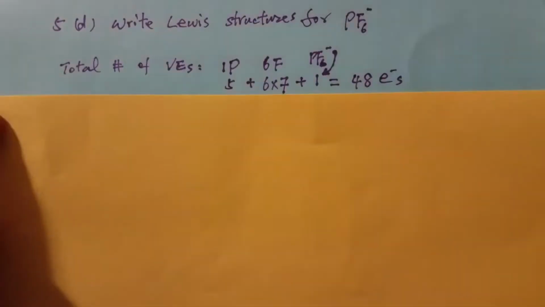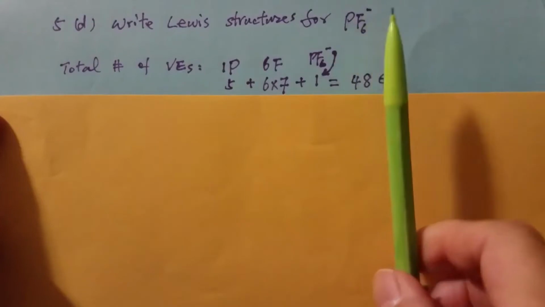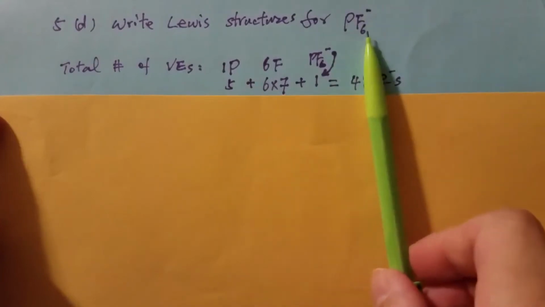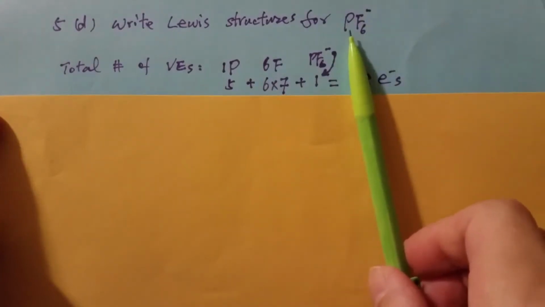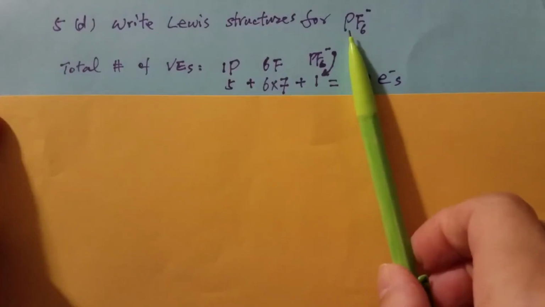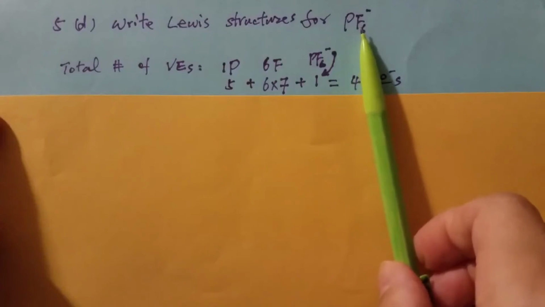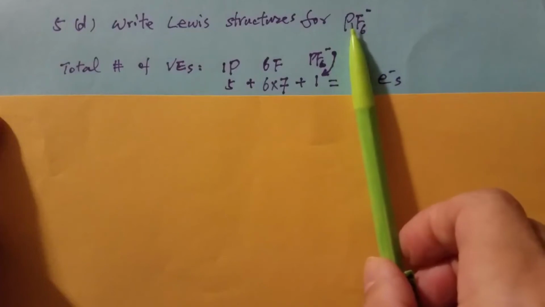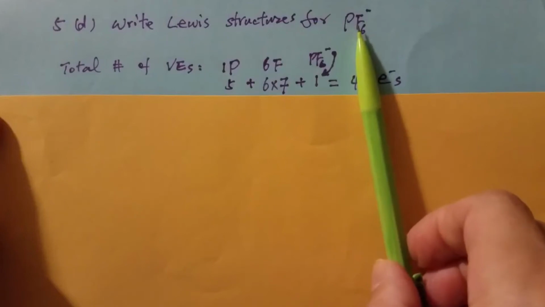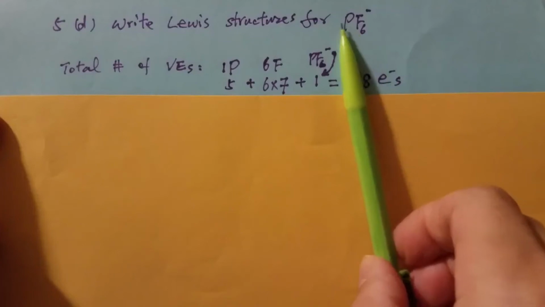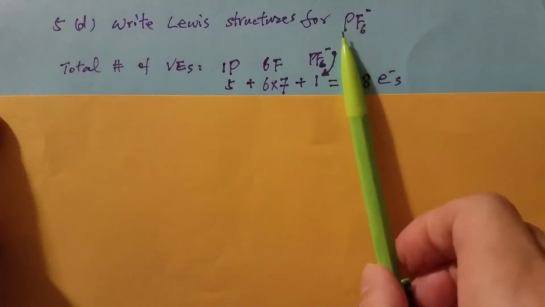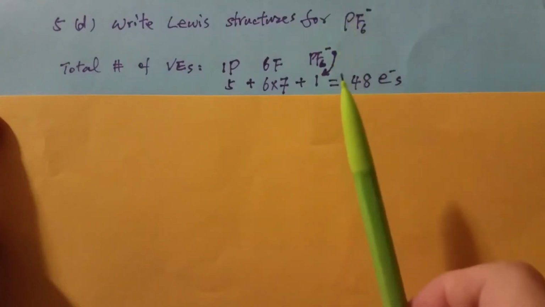valence electrons. So now let's take a closer look at the polyatomic ion. We have one phosphorus, and obviously that should be the central atom, also because it's less electronegative than fluorine. Then you have 6 fluorine. Obviously there's bonding between phosphorus and each of the 6 fluorine, so 6 bonds surround phosphorus.